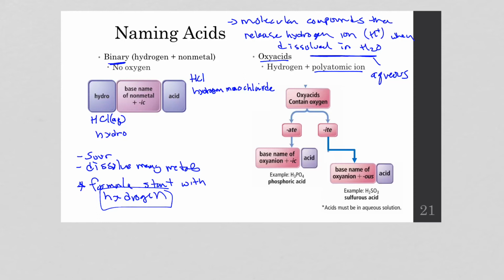So instead of chlorine becoming chloride, chlorine becomes chloric. So we have hydrochloric, and then just to make everybody clear that we're talking about acids, all acids will actually have acid in the name. So we have hydrochloric acid, a common binary acid. So if you're looking at names, the giveaway for a binary acid is the hydro. That tells me that it's just a combination of hydrogen and whatever the nonmetal happens to be here, chlorine.